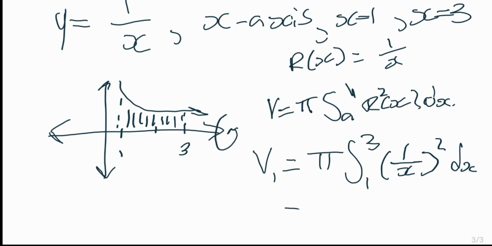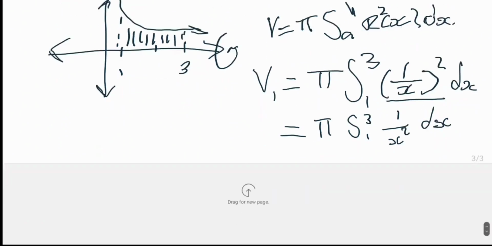Now, we are going to simplify this expression right here. Pi integral 1 to 3, and then 1 over x times 1 over x is going to be 1 over x squared dx.